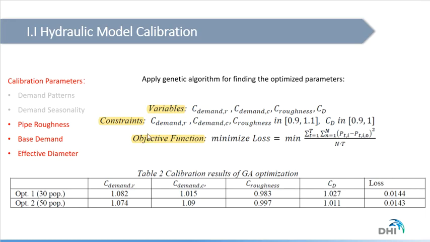The variables are constrained to vary in a certain range defined by the problem statement, and the objective function is to minimize the loss between the measured and simulated pressure values. We ran the algorithm with different populations and generations, and these two combinations of coefficients are applied in the hydraulic model.